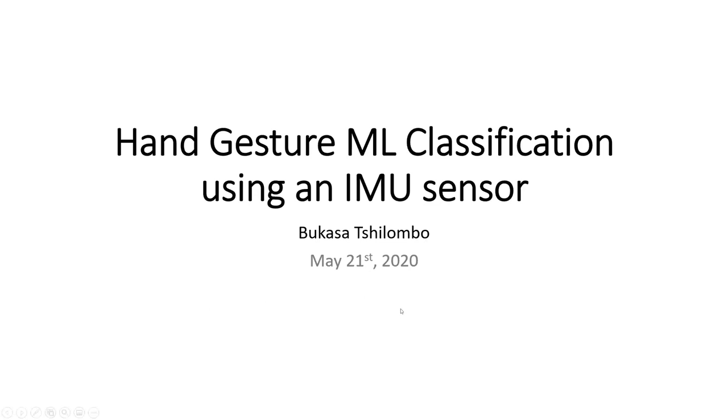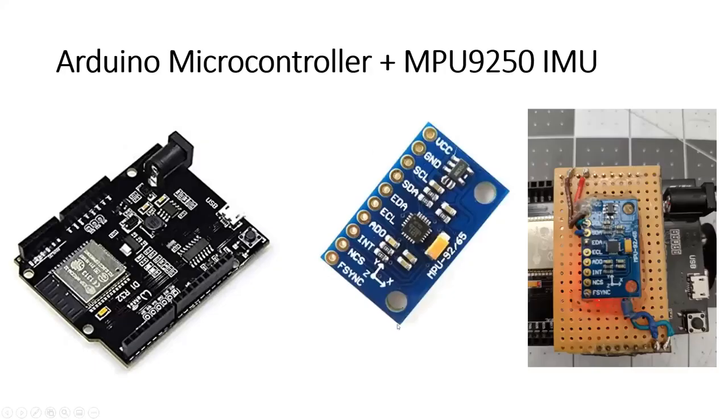Okay. So what I used for this is a microcontroller device which has a chip that essentially allows me to send data over Bluetooth, and in this case I'm using Bluetooth Classic connected to my PC, and an accelerometer, gyroscope.